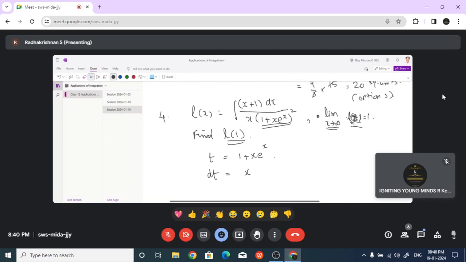If you differentiate this, it will become 0. If you differentiate this one, it is u dv plus v du, right? x is u, dv is e power x, plus v is e power x, du is 1. So dt is this.